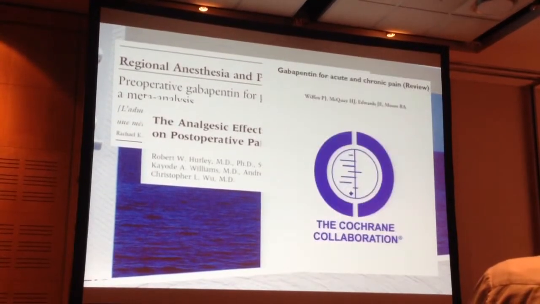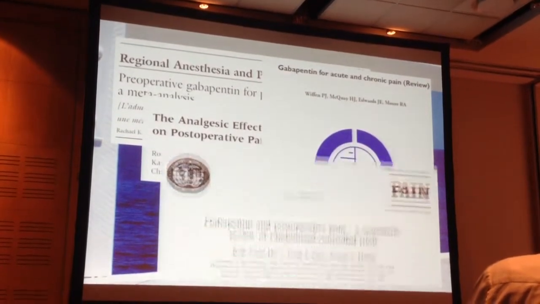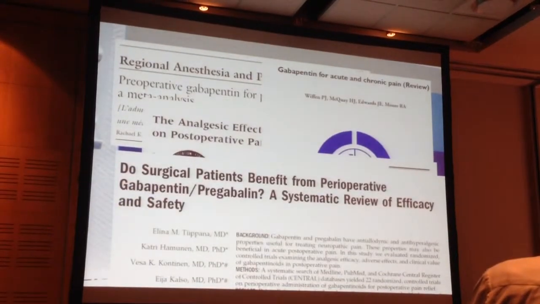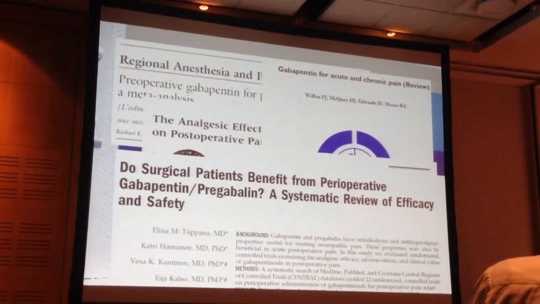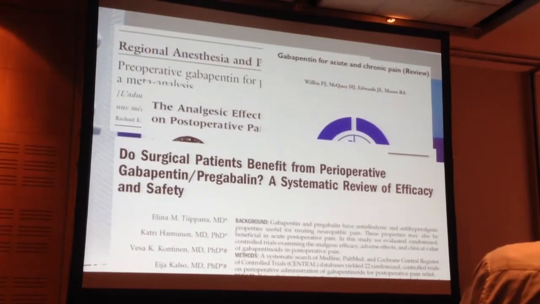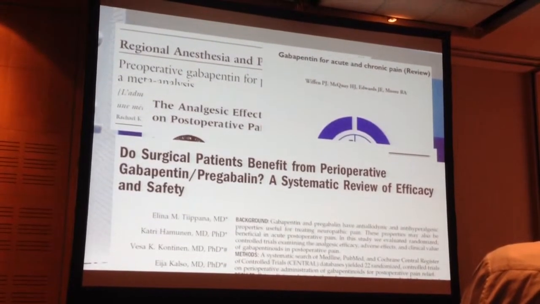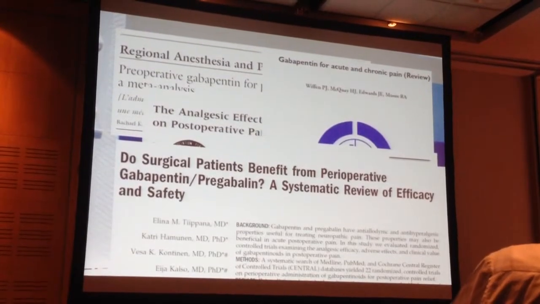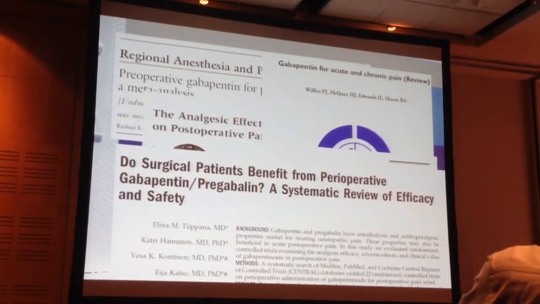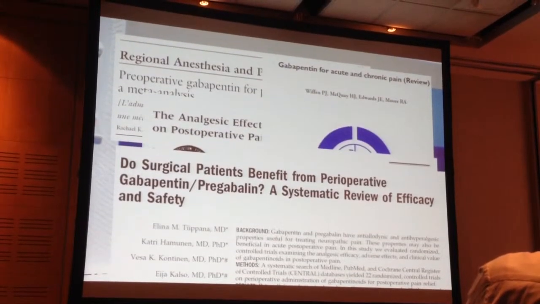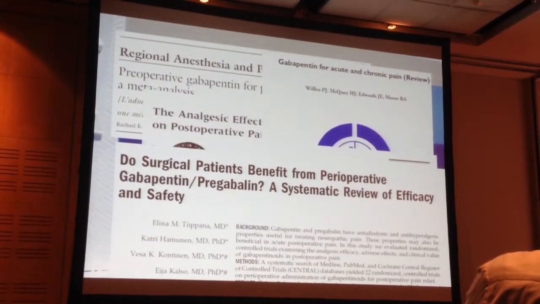I've barely seen an area where there are so many meta-analyses, and every time you look in the literature there is another meta-analysis. The one which I like most, just because it is done so carefully, is this one. It's by the group around Eija Kalso. You may remember the last IASP president from Helsinki in Finland, and they have done a very, very good job in looking into these effects.